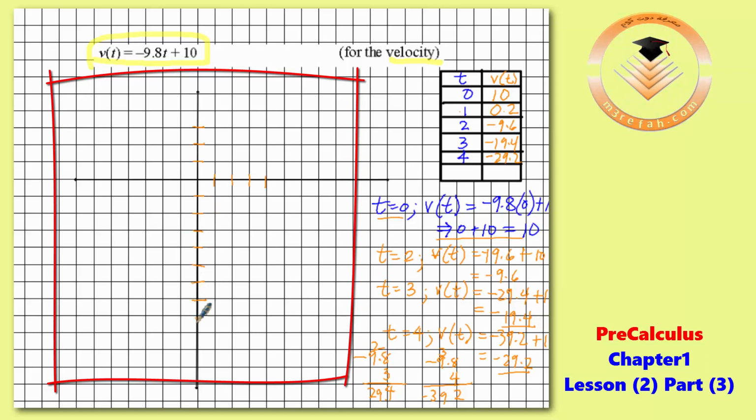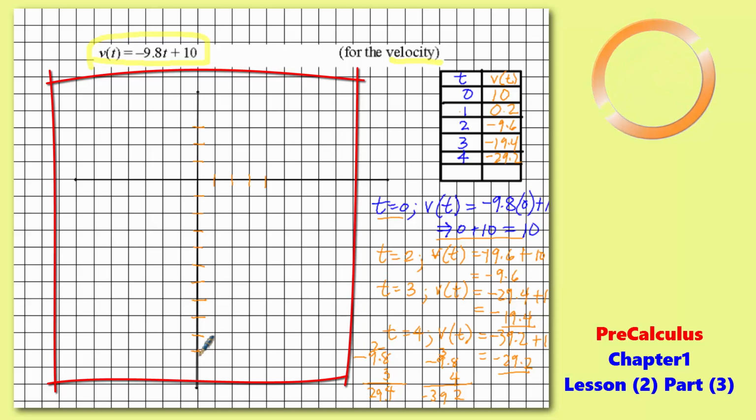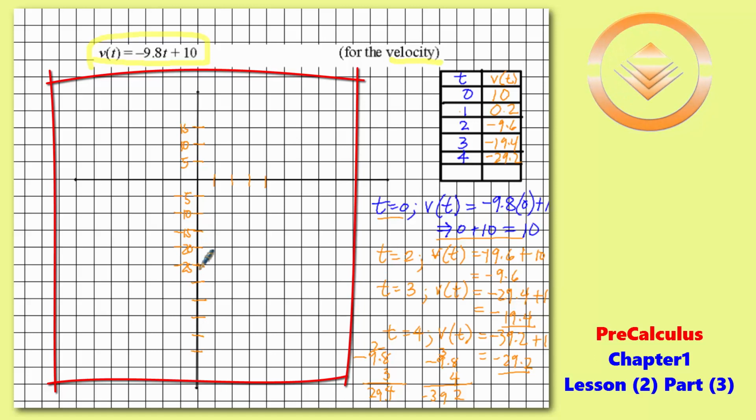Since our v of t values are pretty large, we could make units of 5, for example: 5, 10, 15, negative 5, negative 10, negative 15, negative 20, negative 25, and so on.